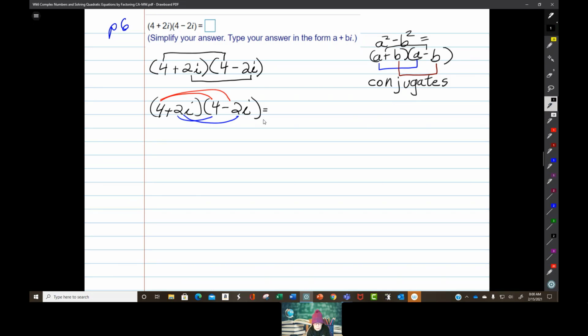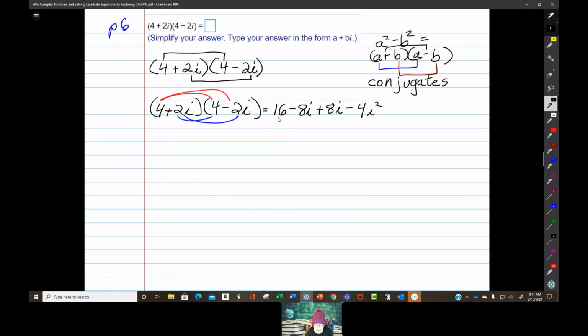That will give us 4 times 4 is 16, and 4 times negative 2i is minus 8i. And positive 2i times positive 4 is positive 8i. And positive 2i times negative 2i is minus 4i squared.